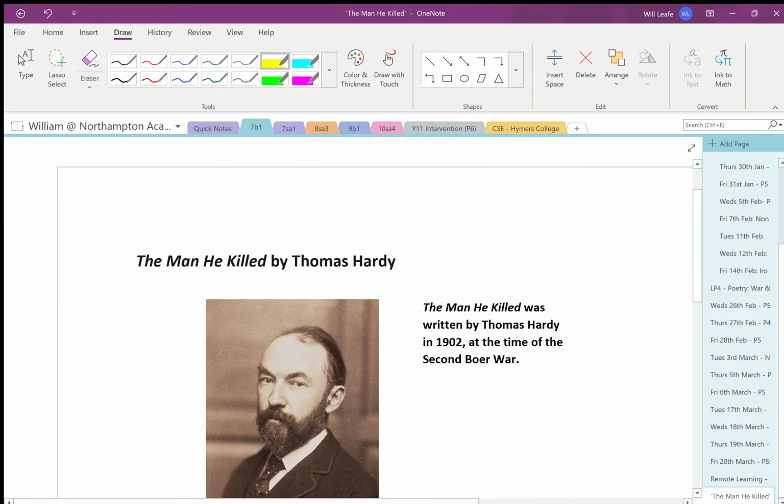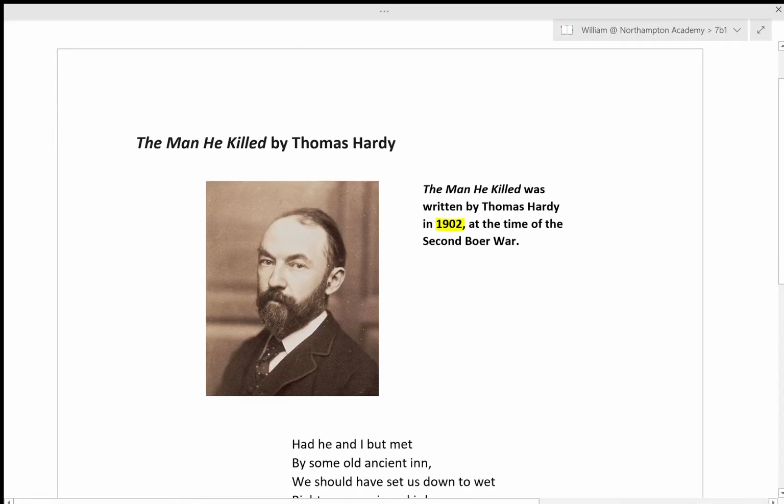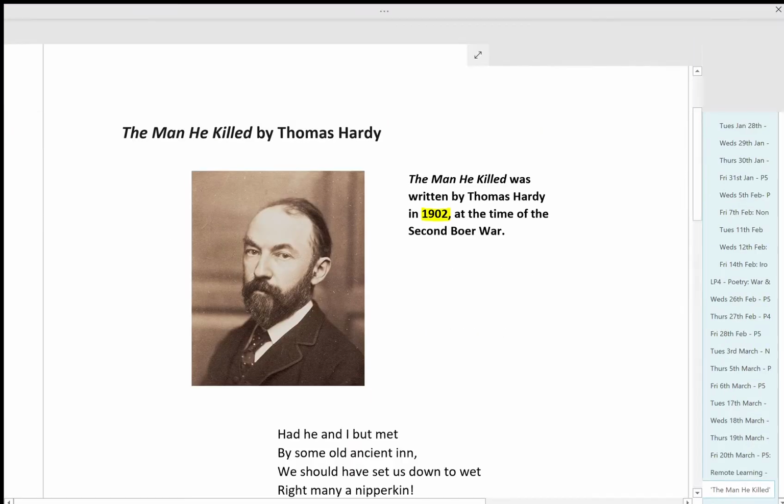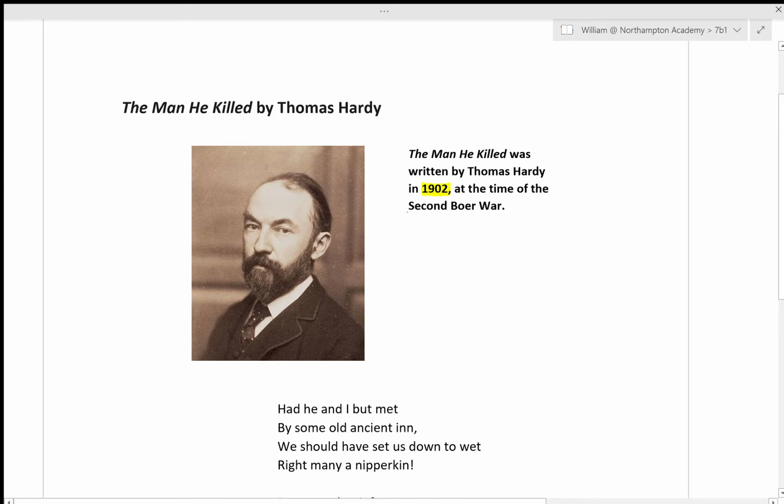The first thing that you need to know is this was written in 1902. So it is not about World War I or World War II. This is a war poem, but it's about the Second Boer War, which took place in 1902. Thomas Hardy, the poet, was strongly against this war.